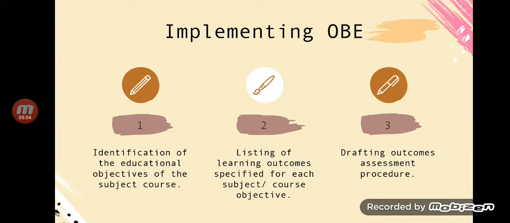So after you have the educational objective, you have listed your learning outcomes, we have to drop now our outcomes assessment procedure. This will determine the degree to which our students are attaining the desired learning outcomes. It will identify for every outcome the data that will be gathered, which will guide the selection of the assessment tools to be used and at what point assessment will be done.